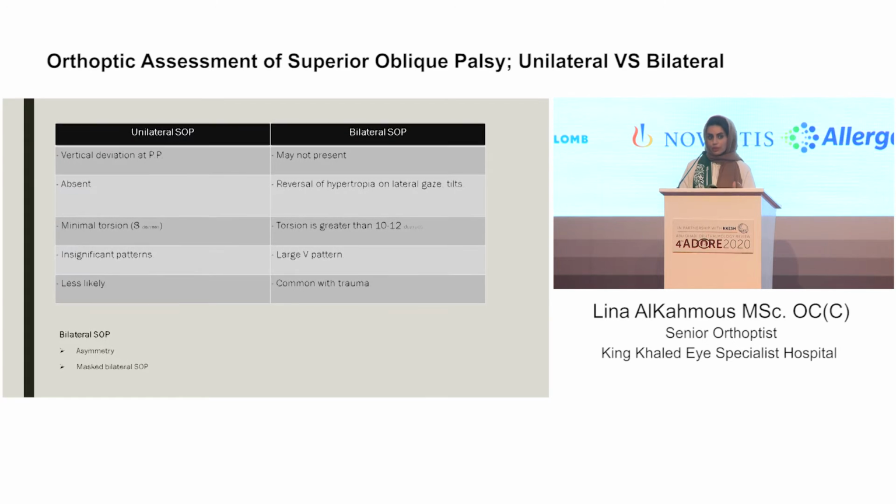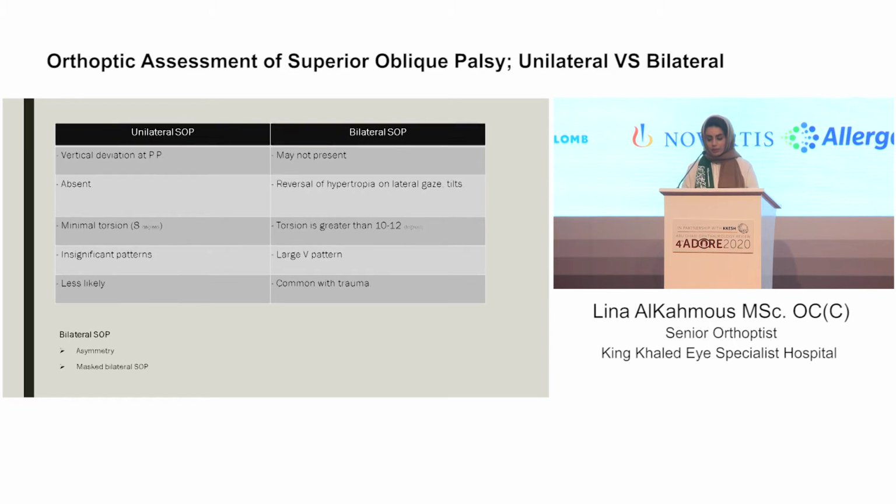Here are some points to differentiate between unilateral and bilateral superior oblique palsy, orthoptic-wise. In the unilateral cases, we usually find a huge vertical deviation in primary gaze, and the torsion is really minimal, no patterns usually, and it doesn't usually come with trauma.